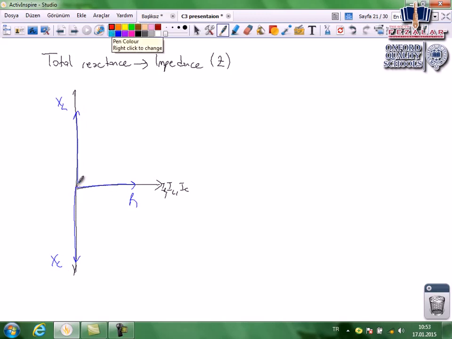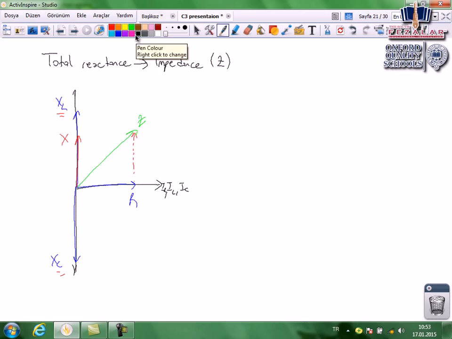If XL is greater, we assume the resultant vector of XL and XC is drawn in that direction, so it is X. When we move X here with the other vector, there is a right triangle, so we draw the hypotenuse. This hypotenuse is the total reactance called impedance.